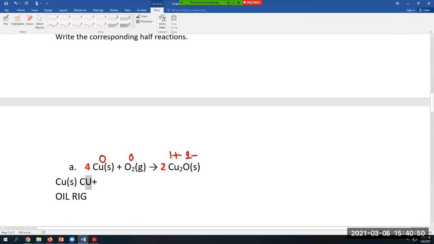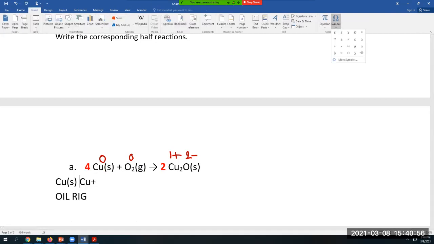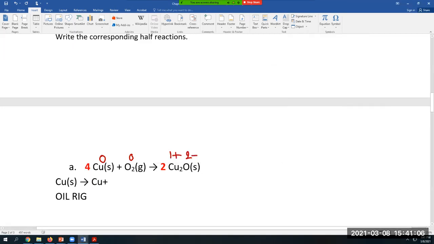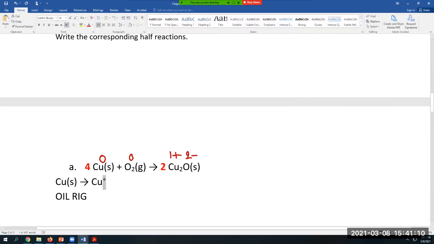And we have the arrow there. Let's insert an arrow. Okay. The plus here is a superscript because it's an ion.